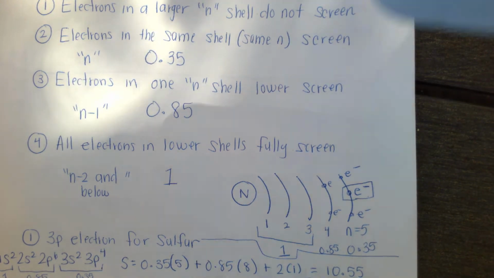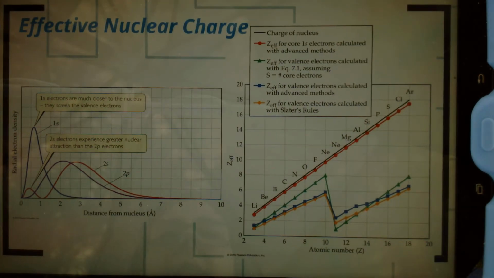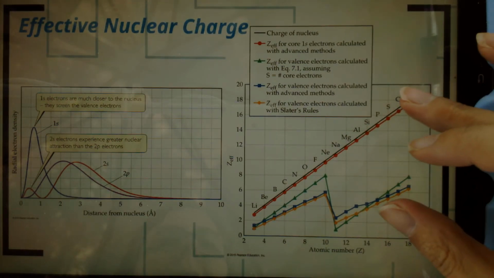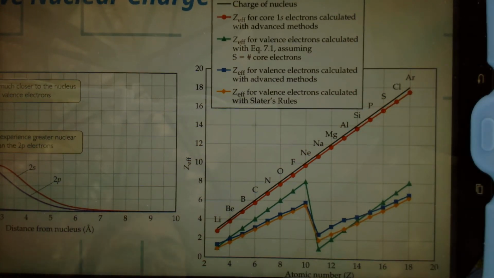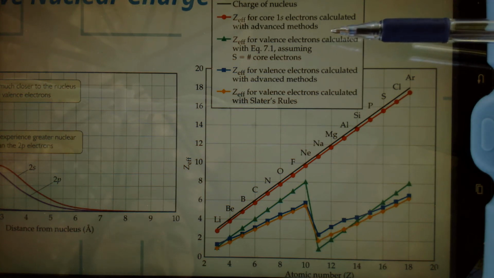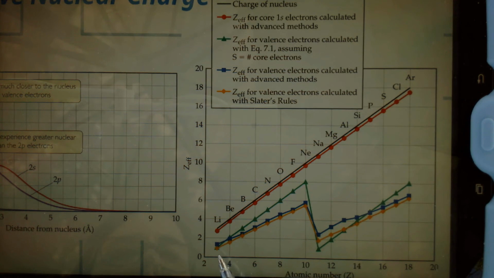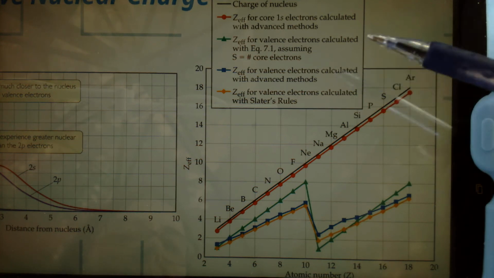Okay, so I want to go back to our Prezi and look at some calculations and measurements with Slater's rule and just using core electron screening. The green one here, with the triangles, is just using core electron screening. Our real value would be these advanced methods, like computer modeling, which closely approximates the reality of the situation, this blue line here.